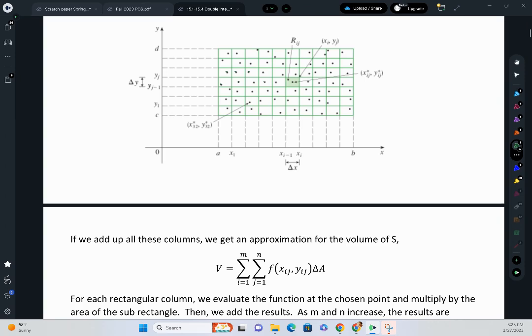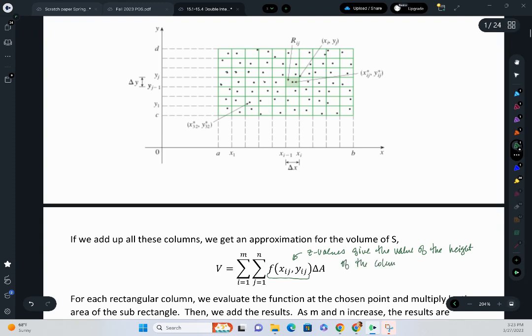So just looking at this f of x sub ij, y sub ij, those are z values. And the z values give the value of the height of the column. And then the delta A, that's going to be delta x times delta y, which is going to be the area.